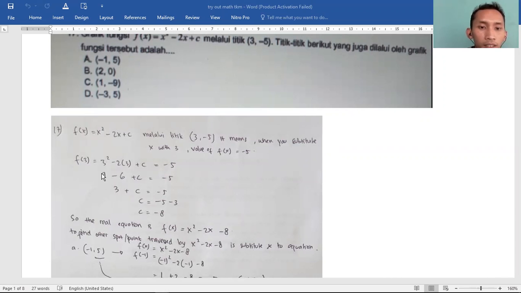So 9 minus 6 plus c is equal to minus 5. 9 minus 6 is 3, plus c is equal to negative 5. So c is equal to negative 5 minus 3, which is minus 8. So this c is negative 8.